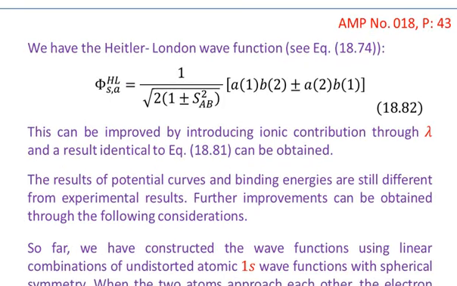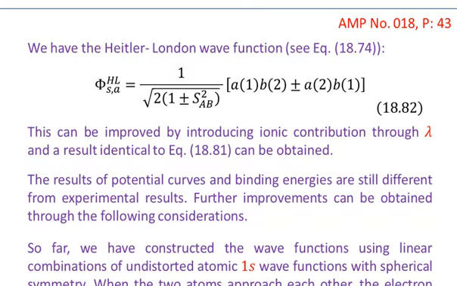Now I have the Heitler and London wave function obtained from equation number 74. This can be improved by introducing ionic contribution through lambda. As a result, an expression identical to equation number 81 can be obtained.